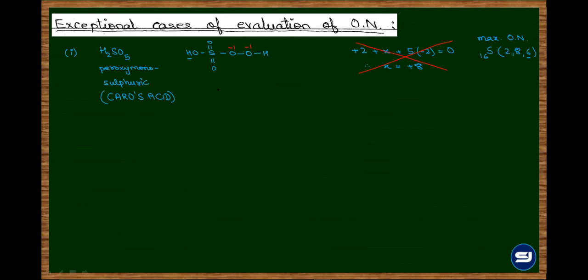So hydrogen +2 plus sulfur X plus, 3 oxygen taken as -2 and 2 of the oxygen taken as -1. This gives you the oxidation state as +6, and that is the correct answer for sulfur oxidation number in Caro's acid. Therefore this is an exceptional case.